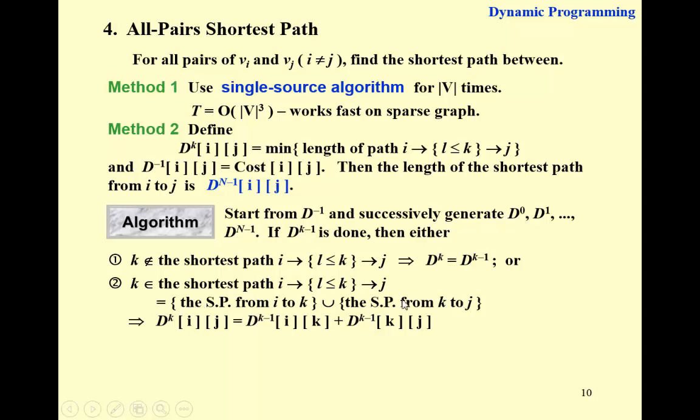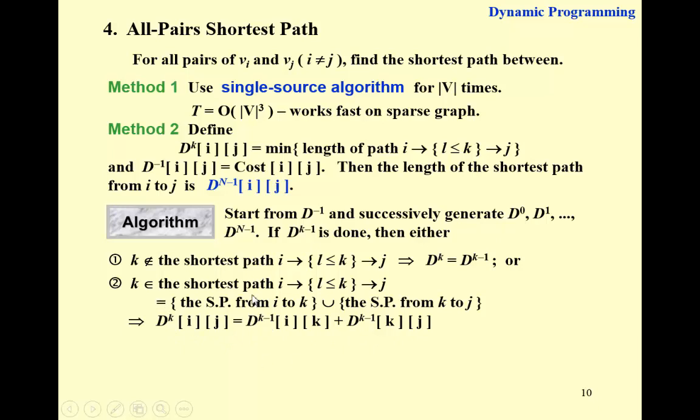These two solutions must have been obtained from the previous step. So the optimal solution of the current subproblem can be constructed from the optimal solutions of smaller sized subproblems, and those solutions have been obtained before we get to this stage.